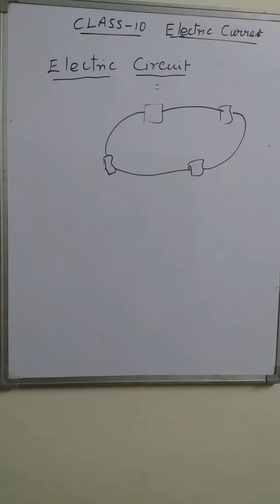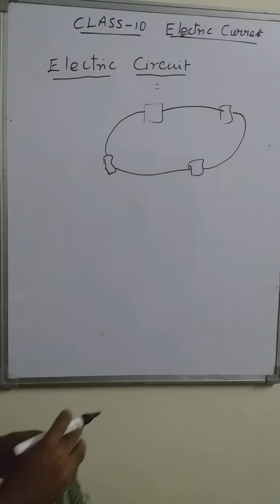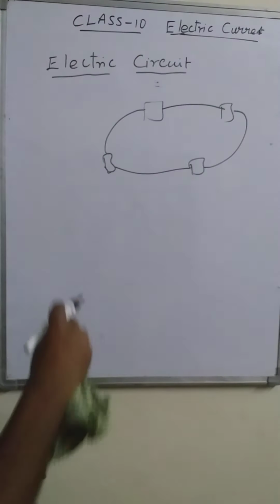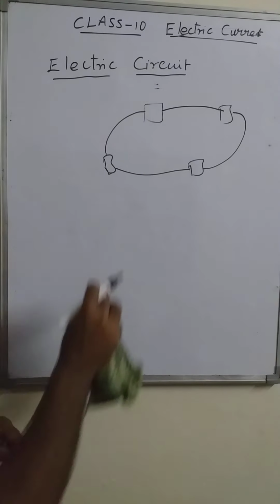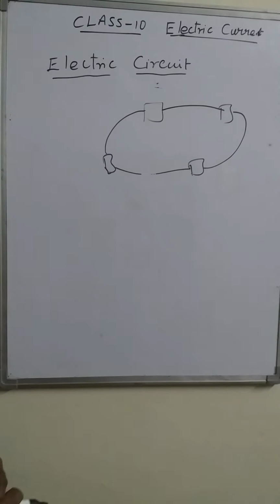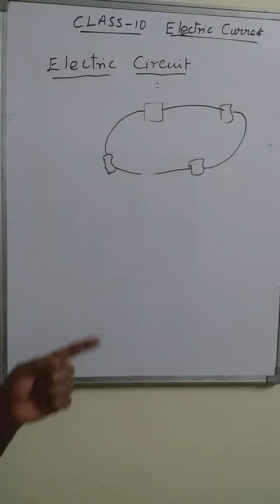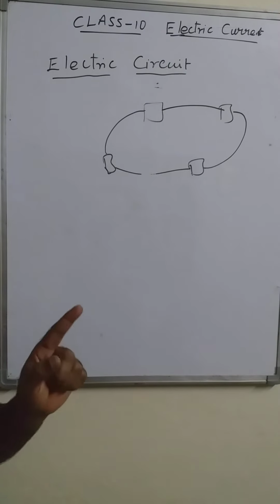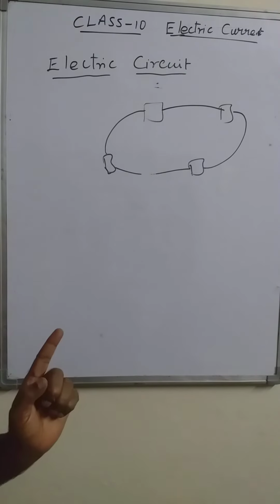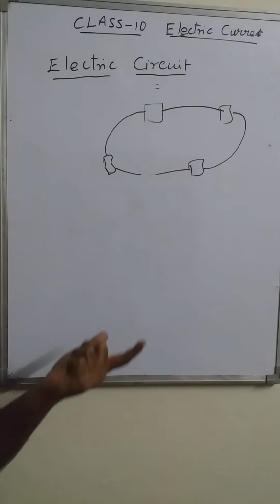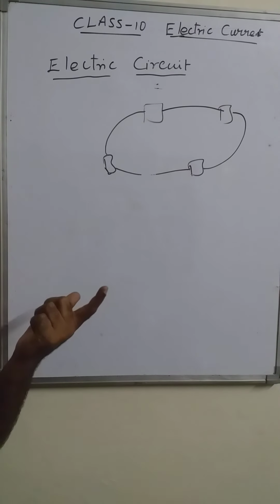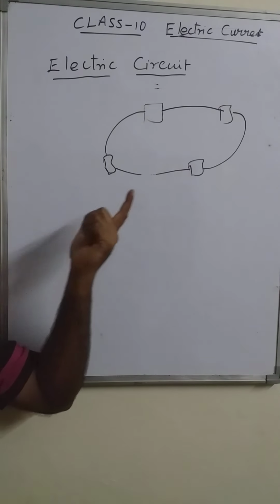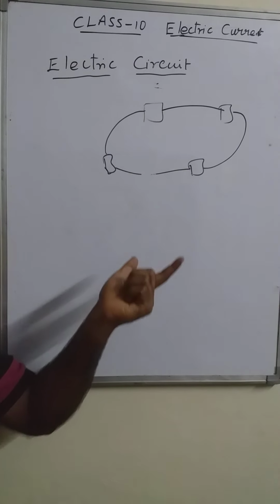That path may be closed or open. Here it is continuous, so we can say this is a closed path. It may be open also. That closed or open path through which the electric current may flow may consist of any number of electrical components, like the cell, the ammeter, voltmeter, bulb.